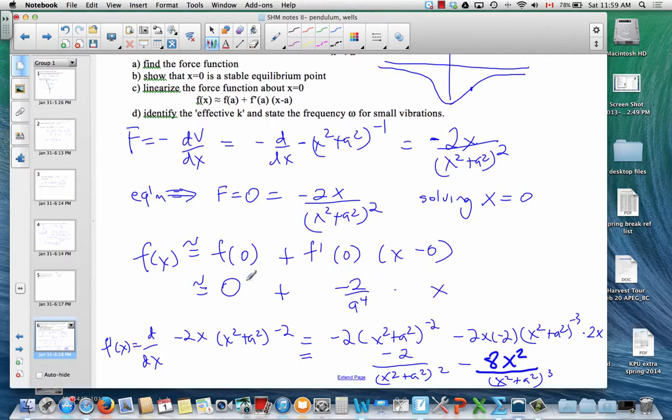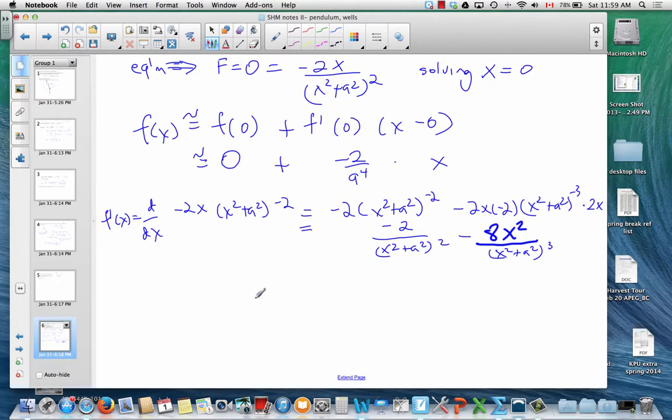So we could see that it looks a lot like f equals negative kx, where the effective k value is the coefficient of x, it's minus 2 over a to the 4. So we're comparing with the Hooke's law force, negative kx, and we see the 2 over a to the 4th is the k value.